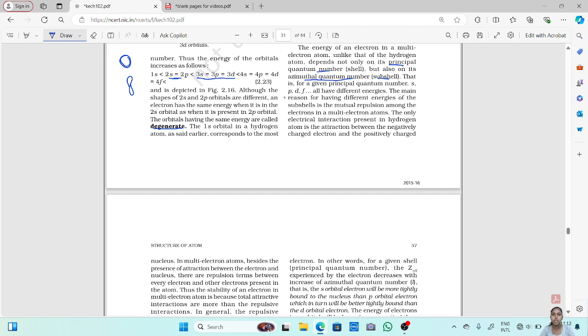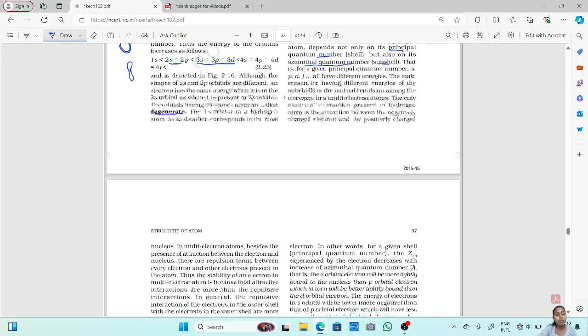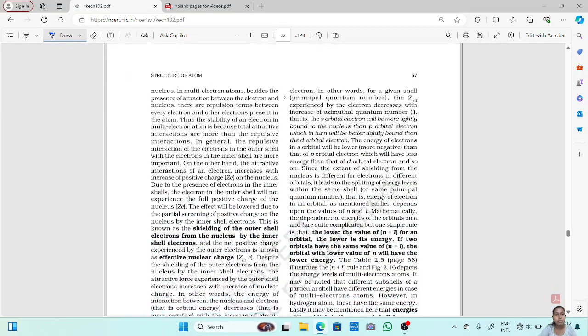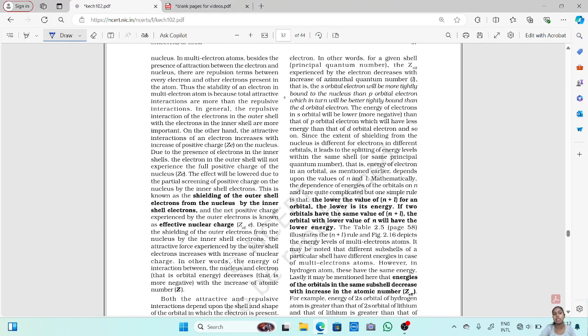So for multi-electron atoms, besides the attraction between electron and nucleus, there are repulsion terms between every electron and the other electrons present in the atom. Even though there is attraction between the nucleus and the electrons, they still repel the other electrons.